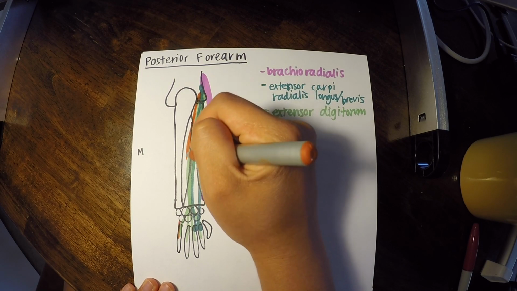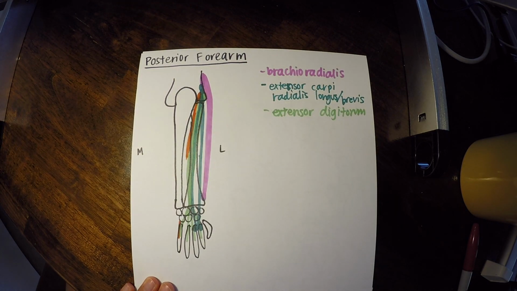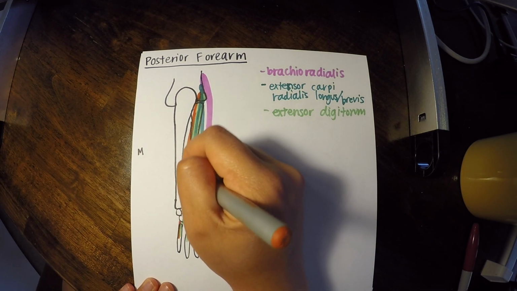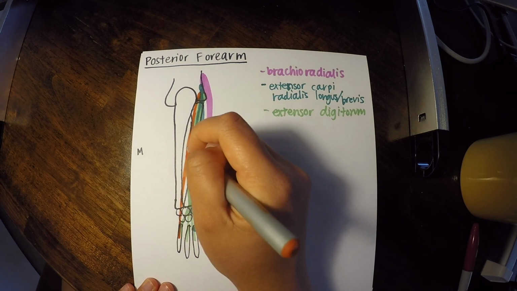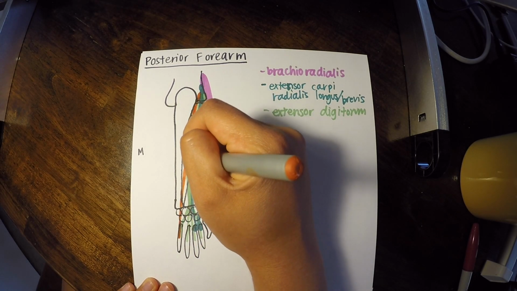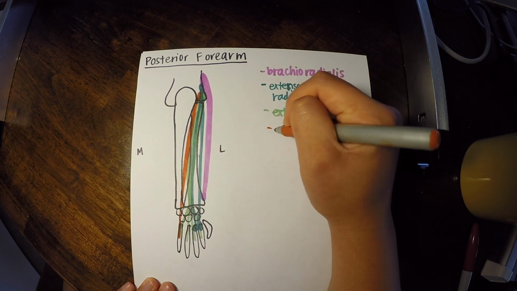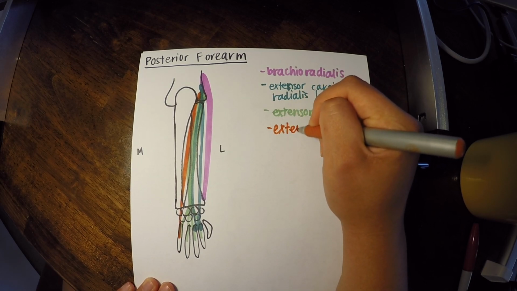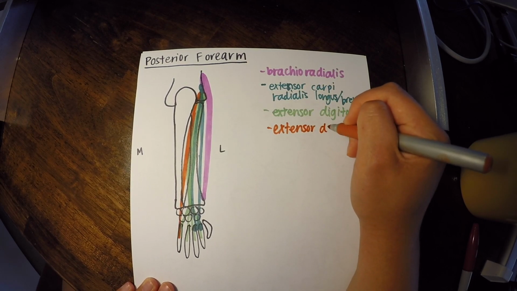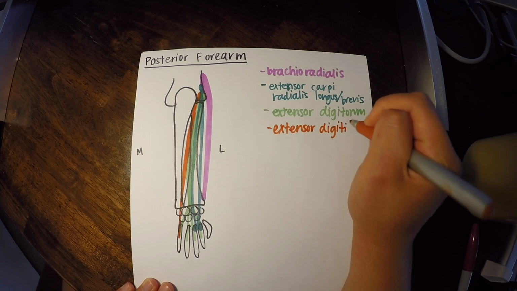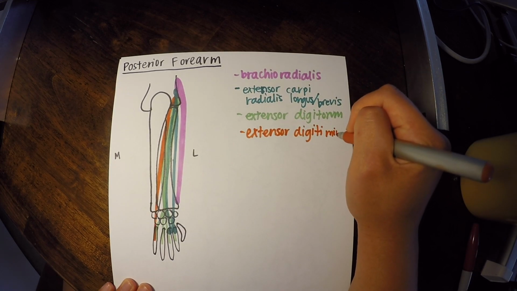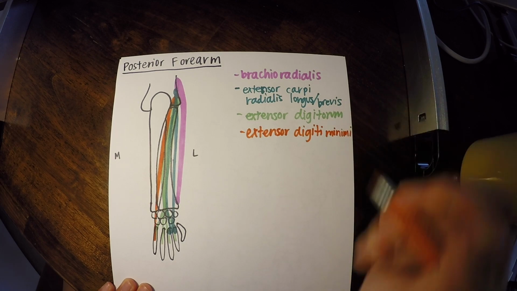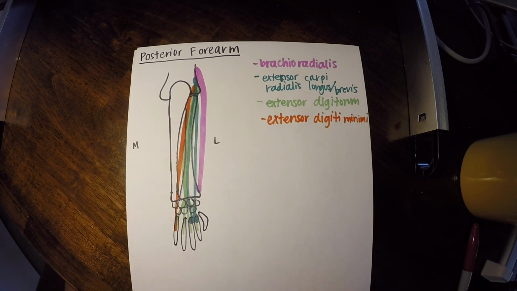So the purpose of that muscle, along with other things, it helps to extend the wrist, but it also extends this 5th digit, this pinky finger down there. So extensor digiti minimi.